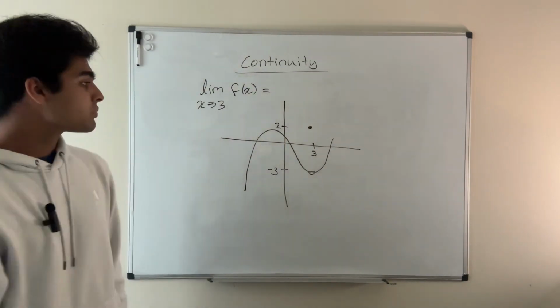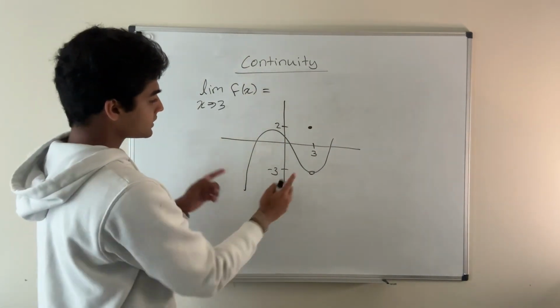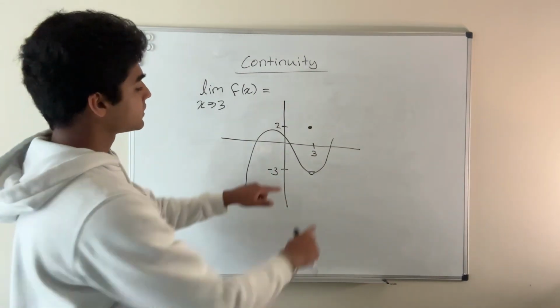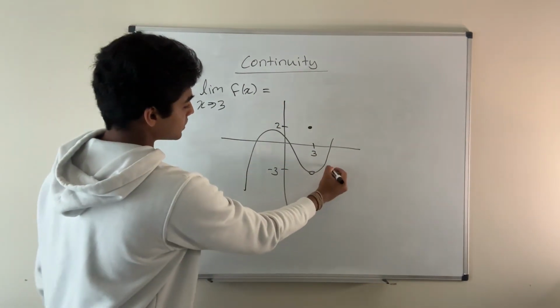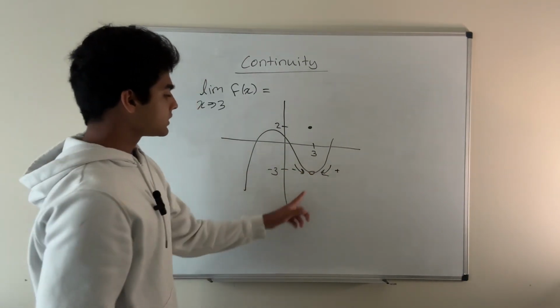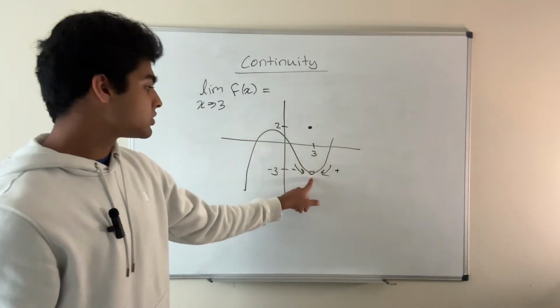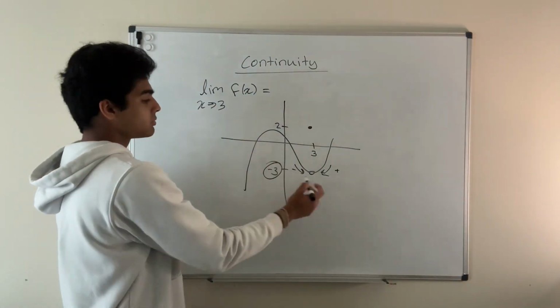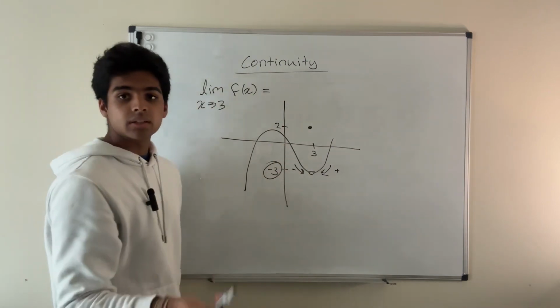So what is that? We can see that if we take the graph and we approach 3 from both sides, from the positive and from the negative, it gets closer and closer to this value -3 right here. So the limit as x approaches 3 of f of x is going to be -3.